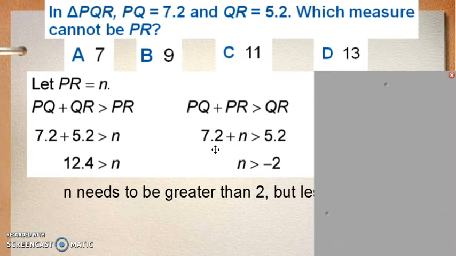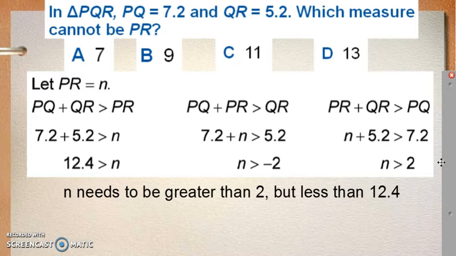When I subtract 7.2 from each side, I get that n needs to be greater than -2. And our last set, we have PR plus QR is greater than PQ. n plus 5.2 has to be greater than 7.2. If I subtract 5.2 from each side, I get n is greater than 2.